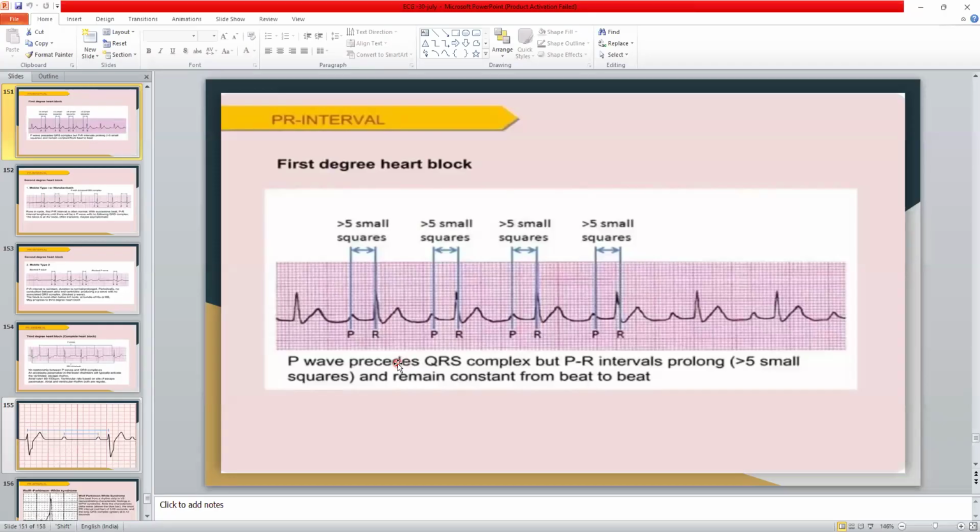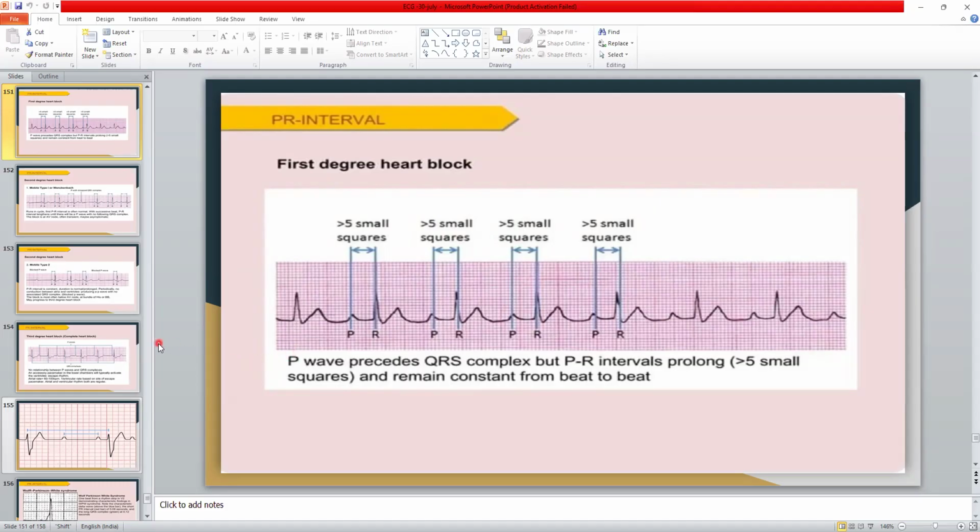In the 10-second rule, you count the number of beats in 50 large boxes, and multiply by 6. You will get the heart rate. So when there is irregularity, you have to count by the 10-second method.